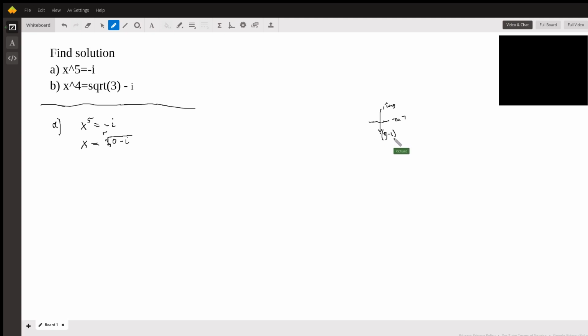Okay. So now to put this into what's called the trigonometric form. The trigonometric form looks like r cosine theta plus i sine theta.